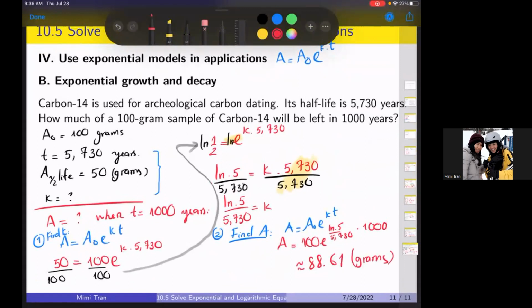It makes perfect sense. Every 5,700 years, you reduce to 50 grams. So if it's only 1,000 years, it reduces to roughly 88 grams. As long as your number is less than 100 and bigger than 50, you'll be fine.